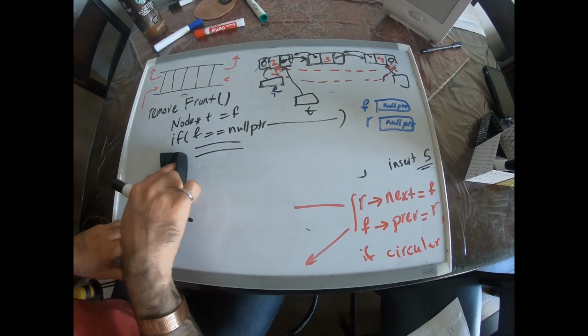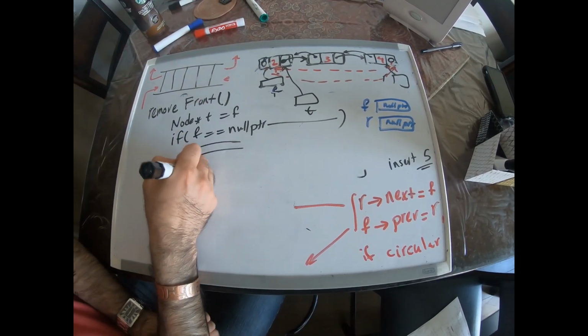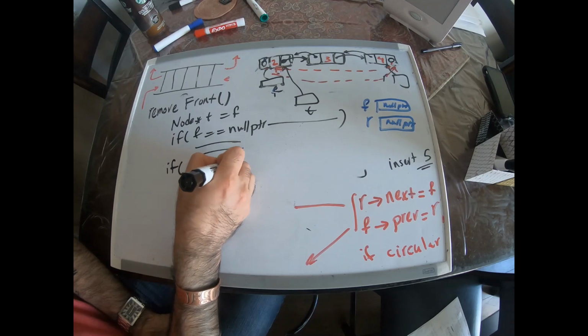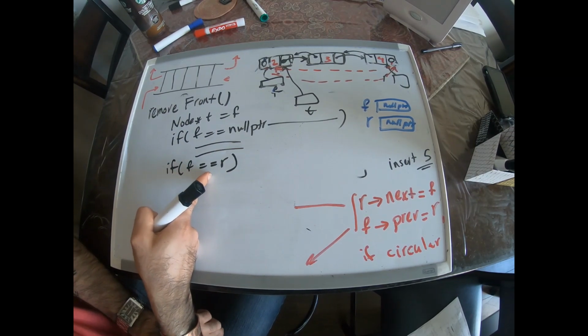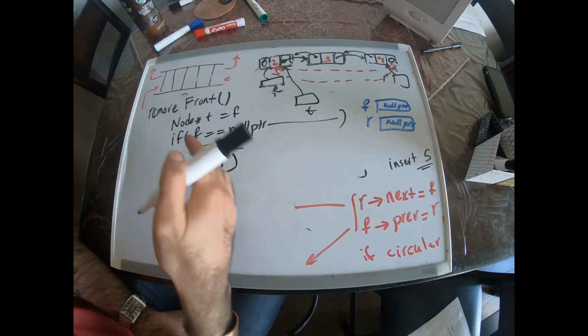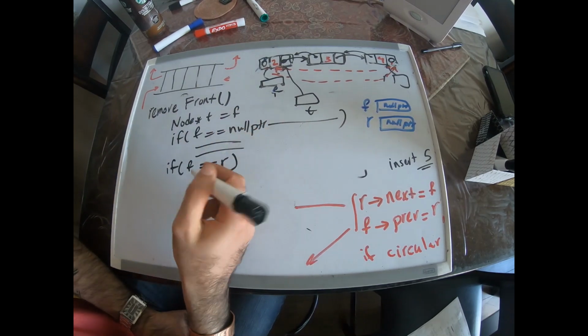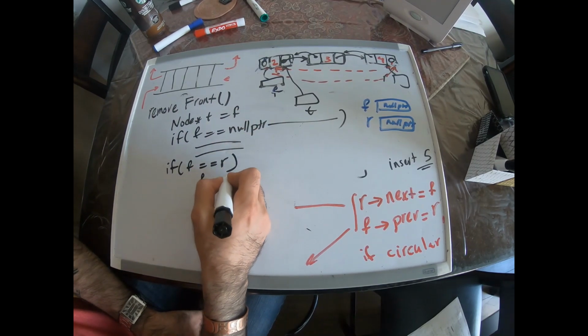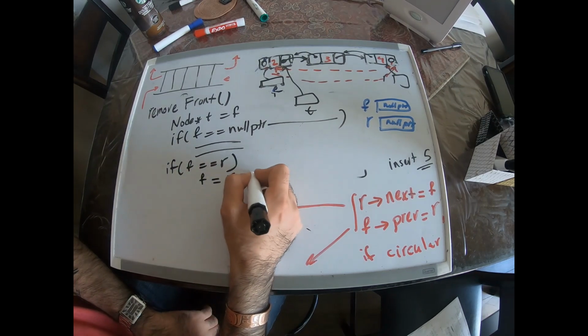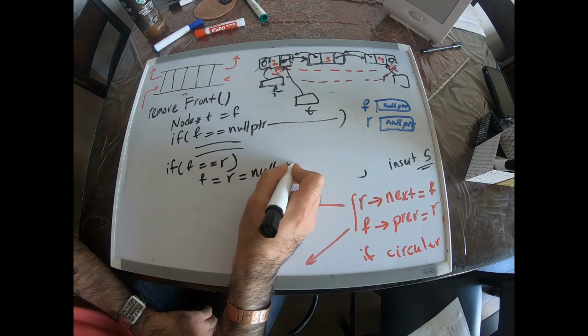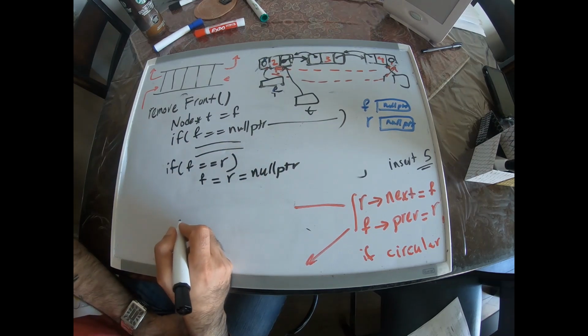So I'm just gonna write if front is equal to rear. That basically shows us that we are removing the last element out of our deck. So after this, our deck is gonna be empty. So we're gonna say f is equal to r is equal to what? Null pointer. Okay.